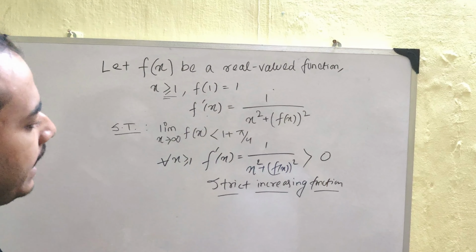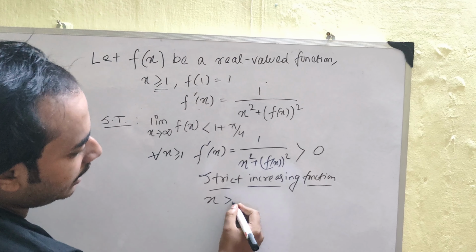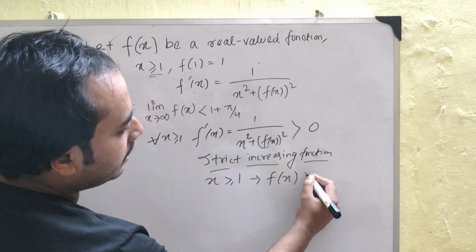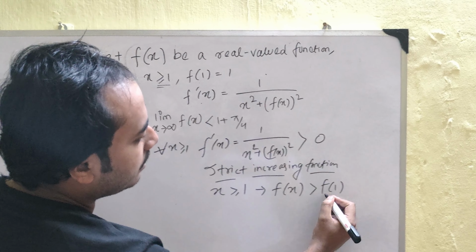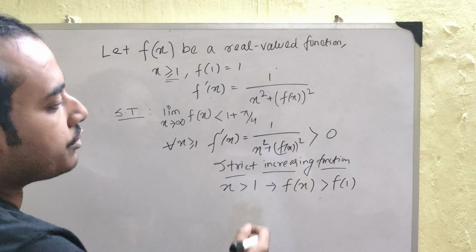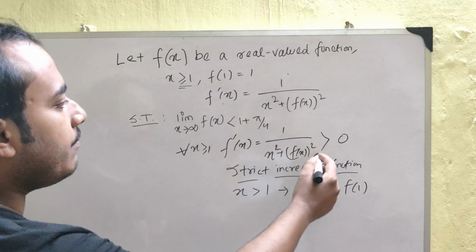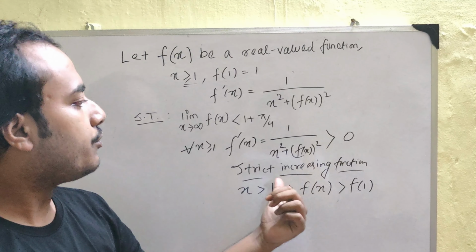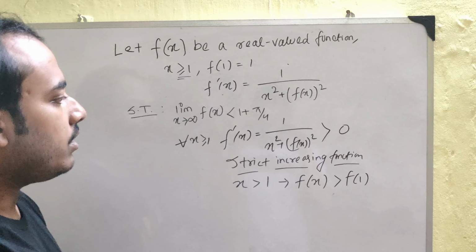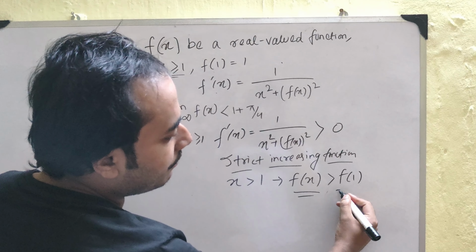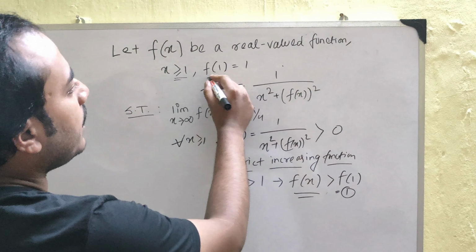That means that for x greater than 1, we will have f(x) greater than f(1), because for x equals 1 the equality holds. This thing cannot be 0, so we have a strictly increasing function and not a normal increasing function. Okay, so remember this one, because f(1) is 1. It is given that f(1) is 1.